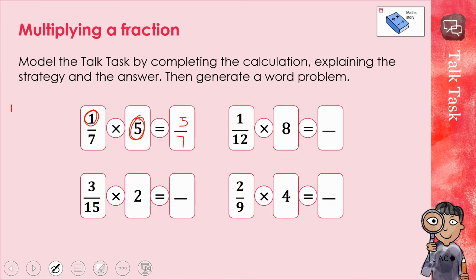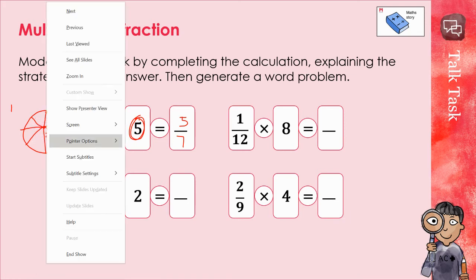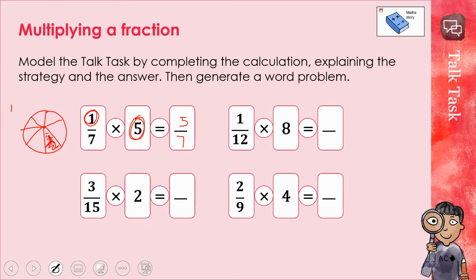Now, you could think of that like this. Here is a pizza and it's been split into sevenths. Okay, so here is one of those sevenths. So if I had a pizza that had been split into sevenths, so each slice is equal to a seventh, and I took 5 of them, 1, 2, 3, 4, 5.